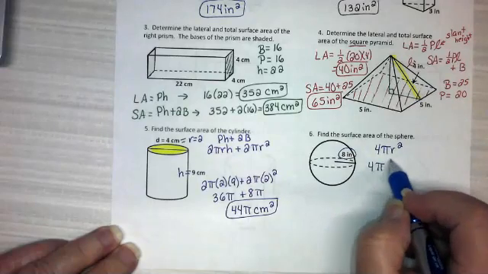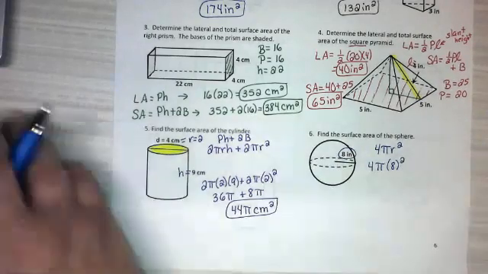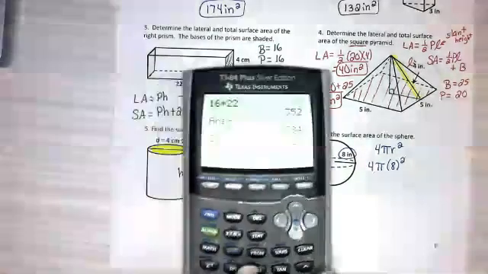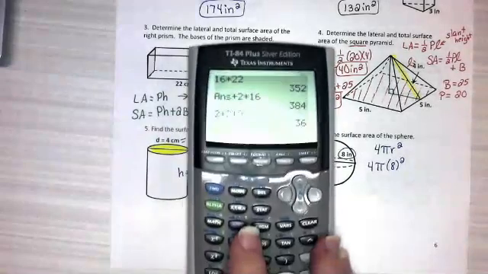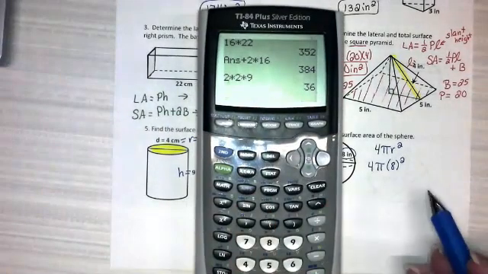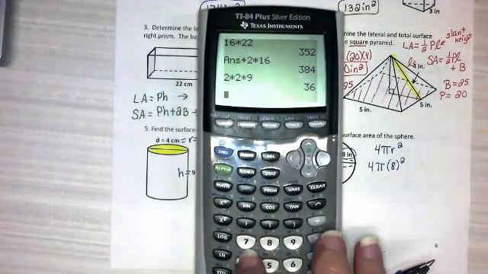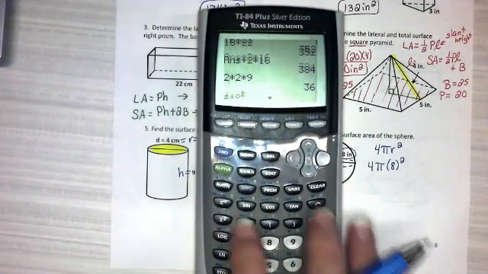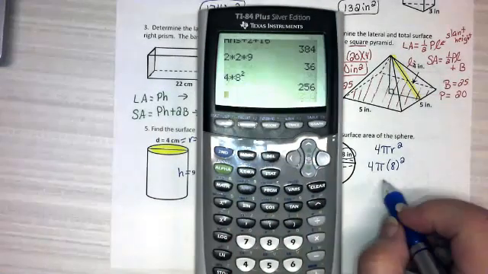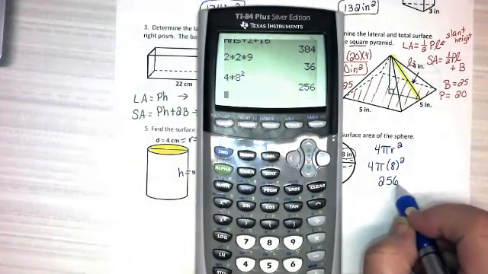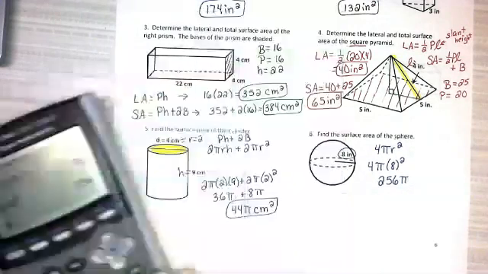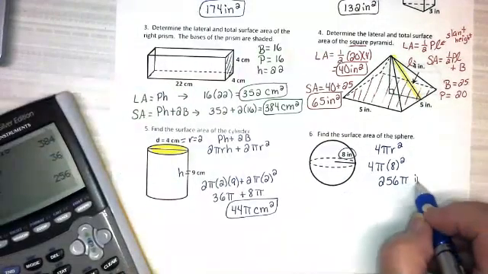So we're just going to calculate 4 pi times 8 squared. Again, doing this in terms of pi, it's pretty easy and it's exact. Ignore the pi for a second. Do 4 times 8 squared. And your answer is 256 pi. And you just attach the pi at the end. And this one will be square inches.